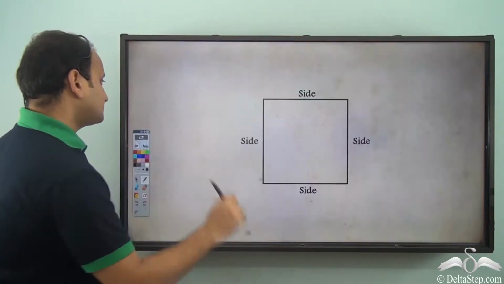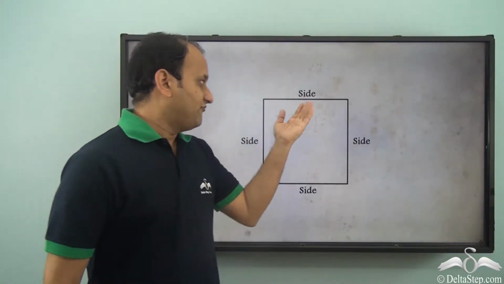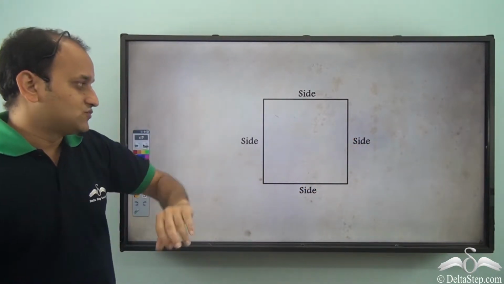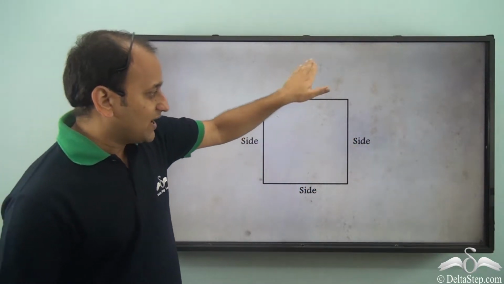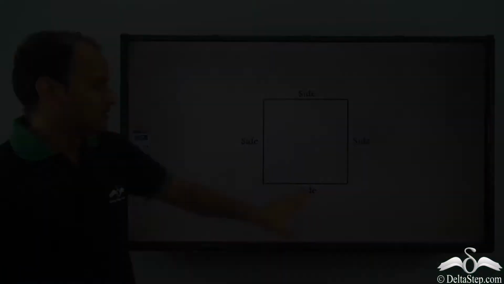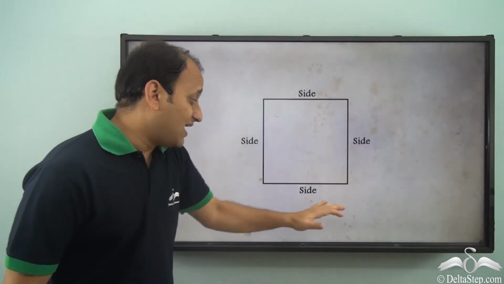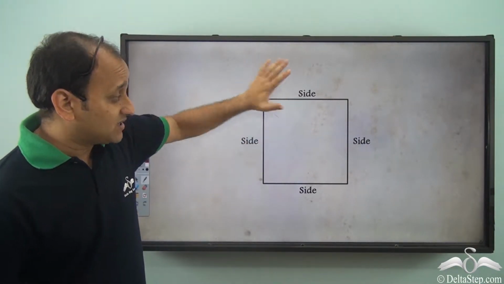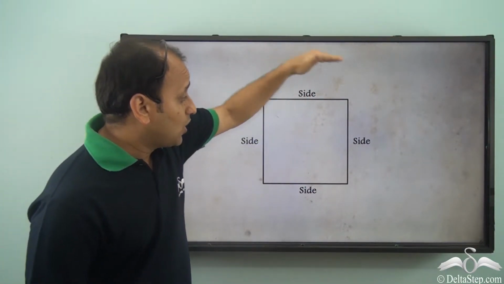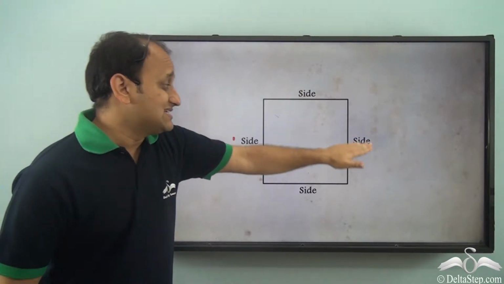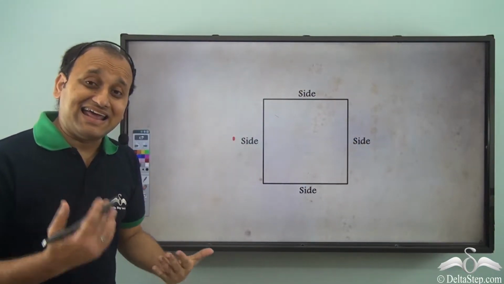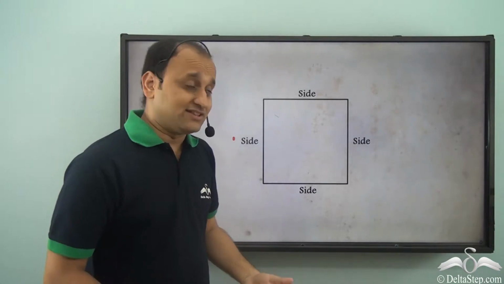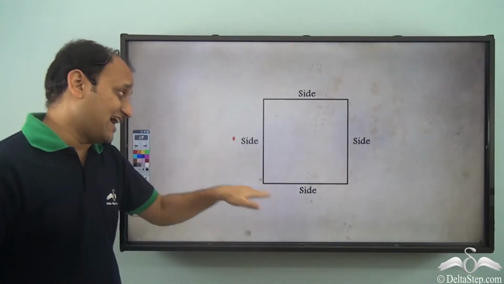Well, if this is a square, so we know that in the case of square, all the sides are equal. So if this is side, then other three of them will have the same length. That is why in the case of square we call all the sides with the same name, because they are exactly of the same length. So we have side, side, side and side.